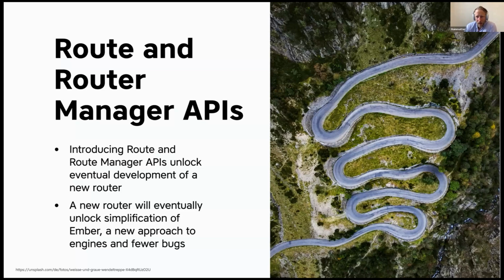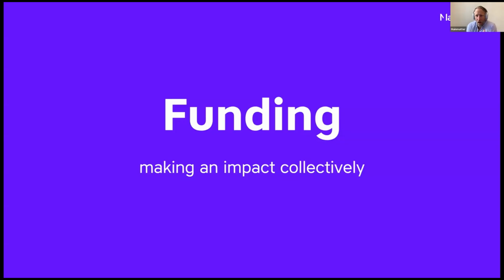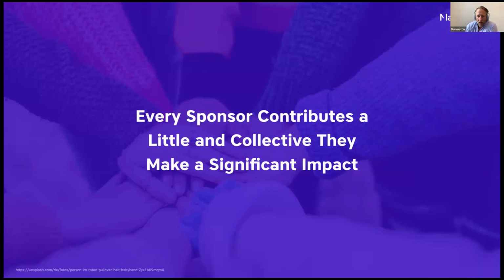The question is, or like I kind of spoiled the answer in the beginning, I guess the question is, how do we fund this, right? And of course, we want to stick to the same funding model that made the Embroider initiative a success, right? And that is having many companies with a shared interest come together.